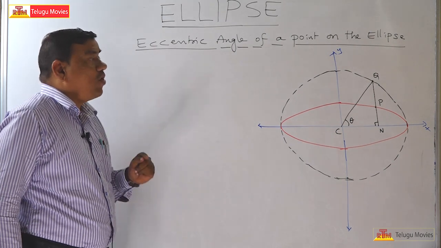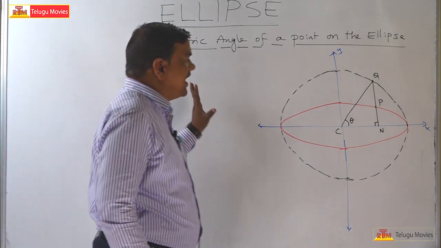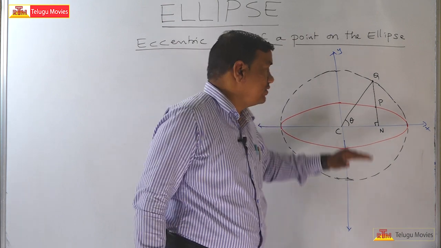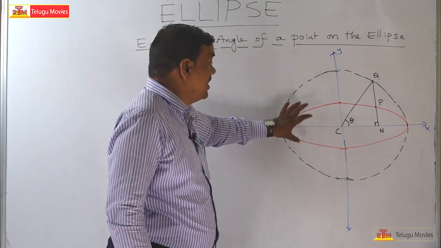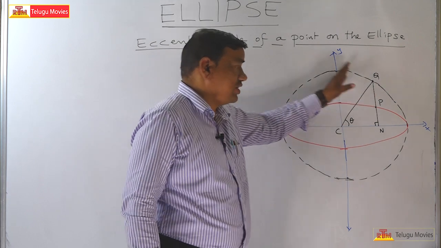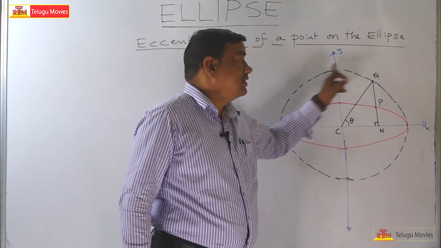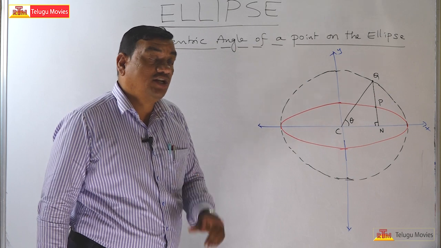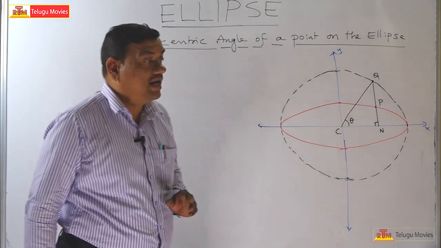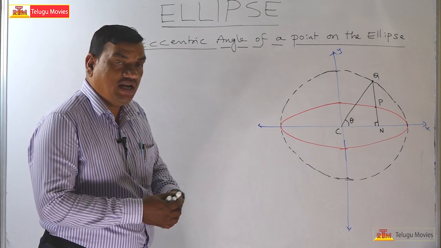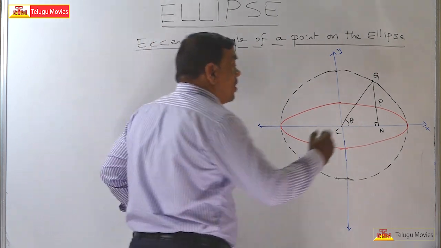Eccentric angle of a point on the ellipse. Here in the diagram, you can understand this. We have the x-axis, y-axis, the center of the ellipse, and the major axis. This black colored curve is the auxiliary circle, and this red colored curve is the ellipse. Now let us take a point P on the ellipse.